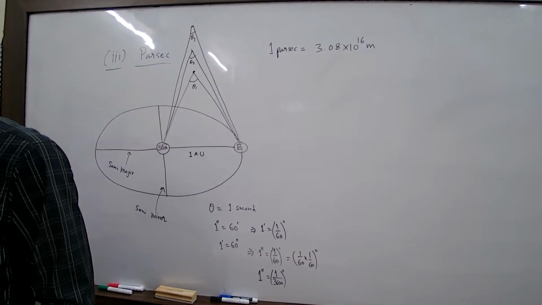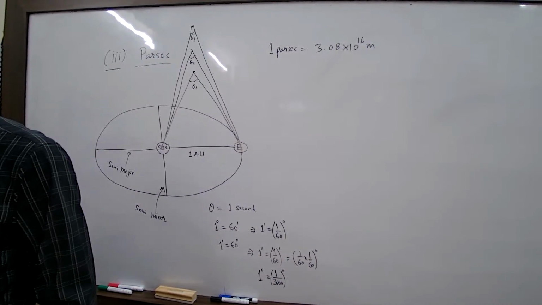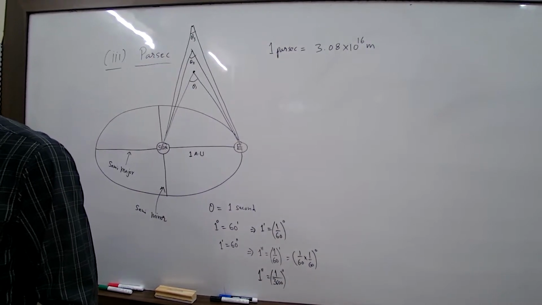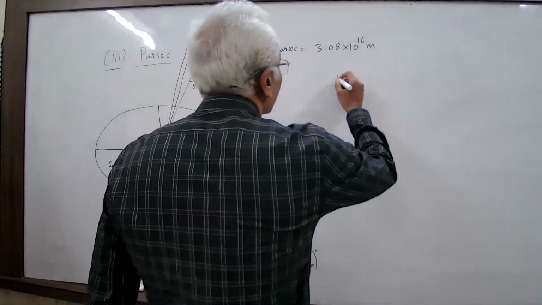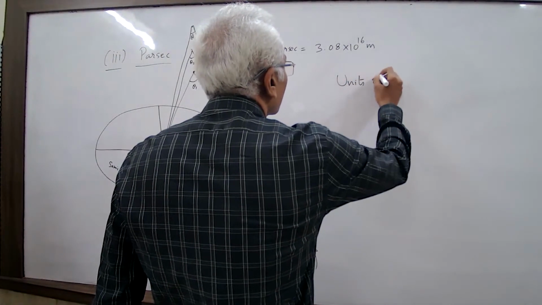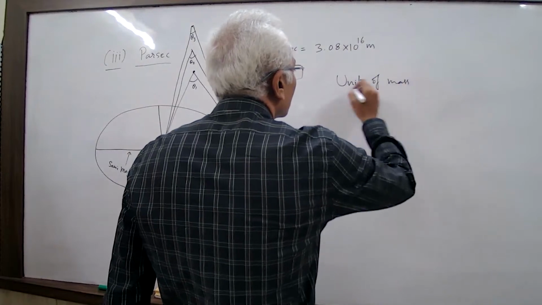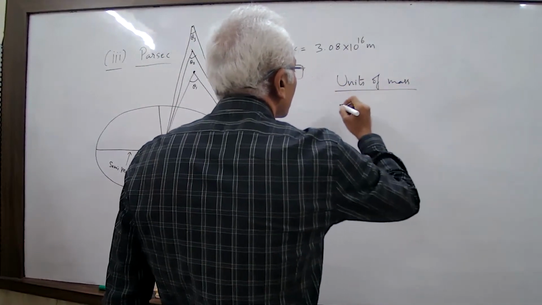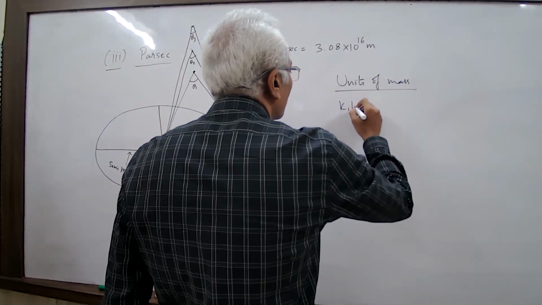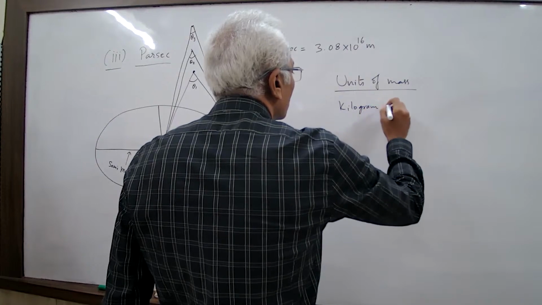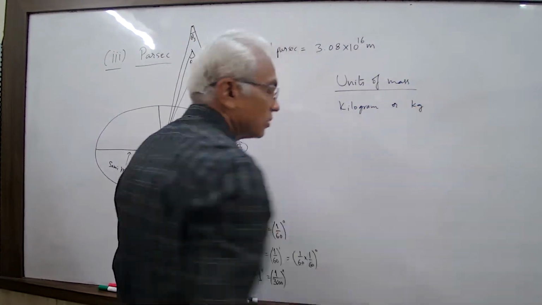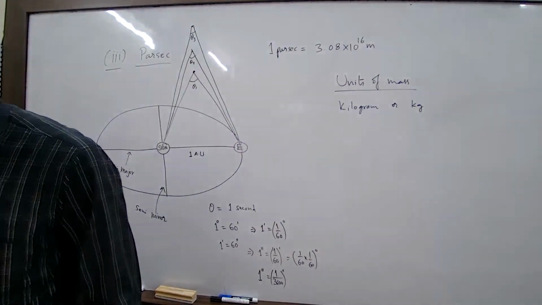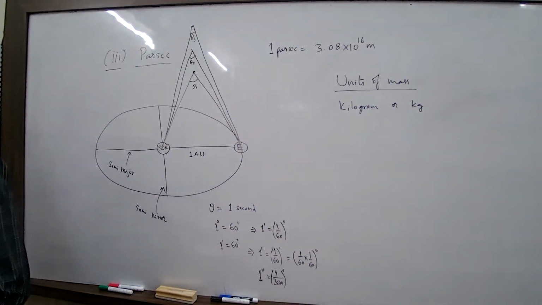Understood? So what are the smaller units of mass? Gram. You have to know the standard unit of mass is the kilogram, or kg. So what are the smaller units? Gram, milligram.